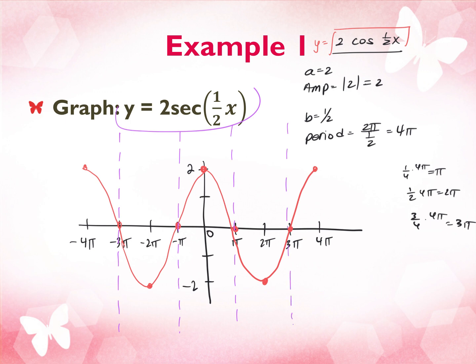There's my asymptote, and then I'm going to draw my graph off of the peaks and the lows. Since this was a high here at 1, I'm going to graph it this way. Down here, I'm going to go down and away from the x-axis. Here, I'm going to go up and away. From here, I'm going to go down and away. And from here, I'm going to go up towards the asymptote.